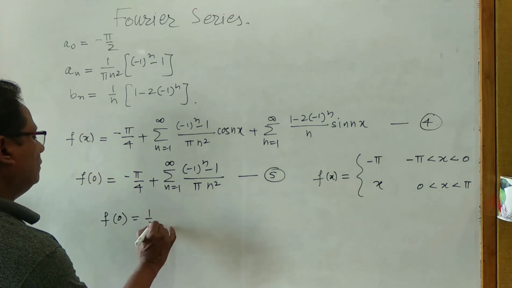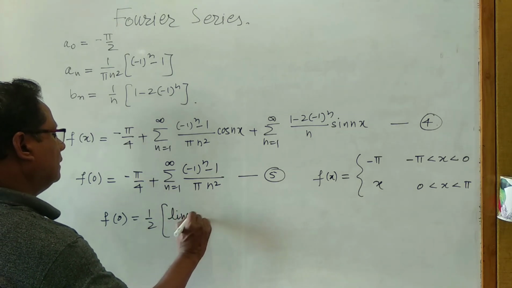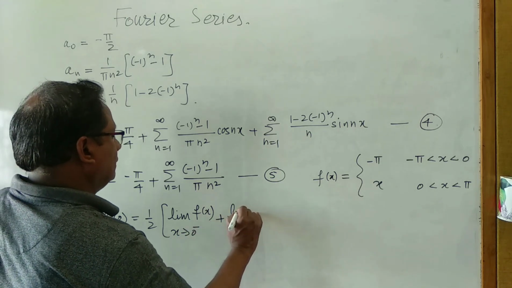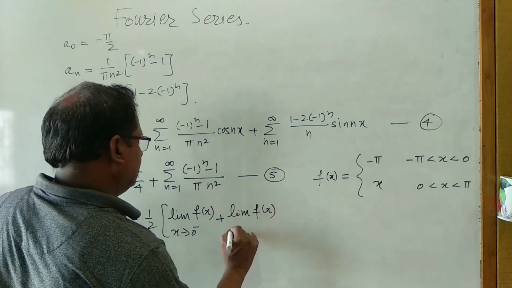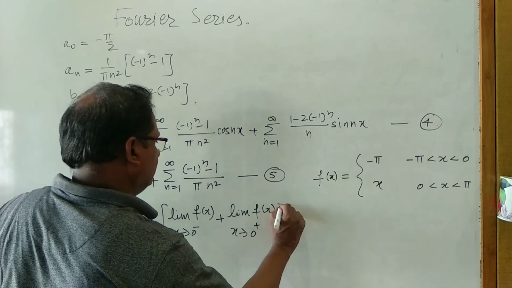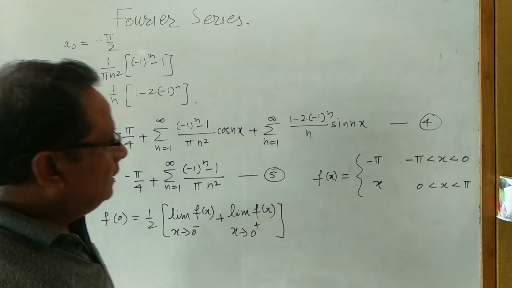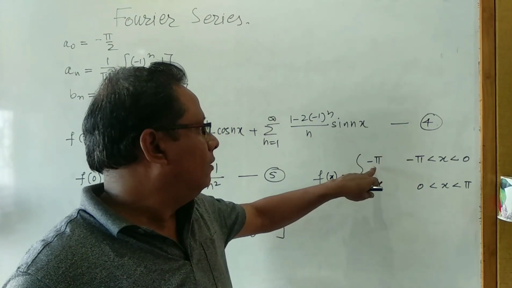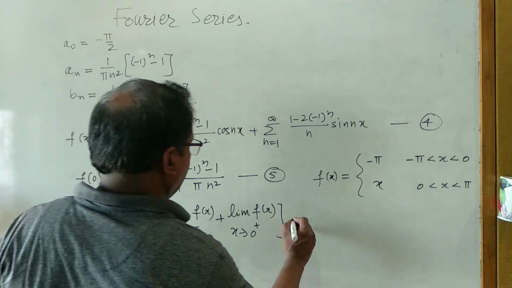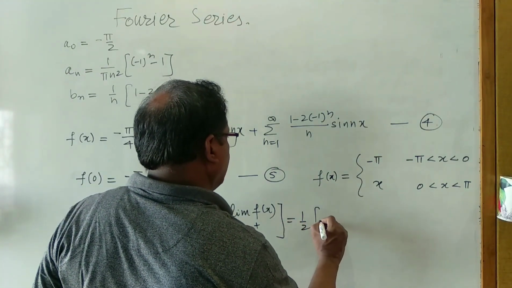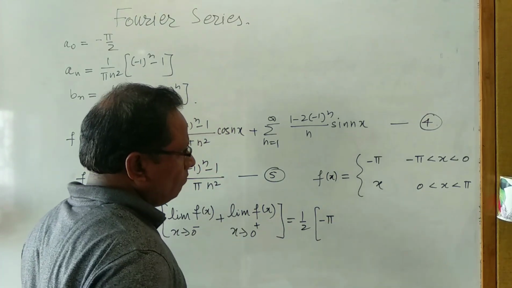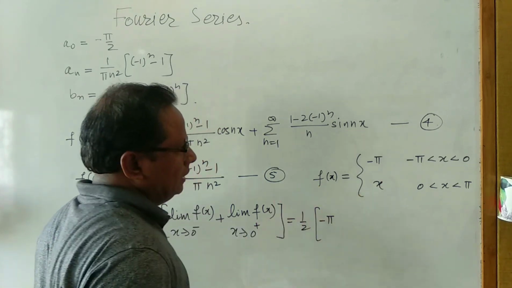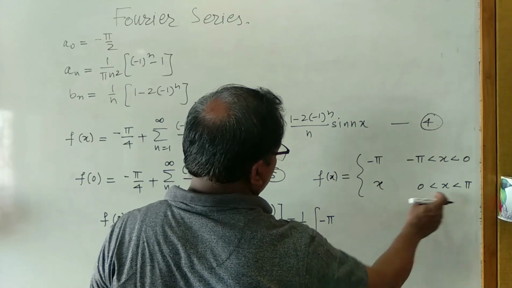That is 1 by 2 times the limit of f of x as x tends to 0 from left plus the limit of f of x as x tends to 0 from right.